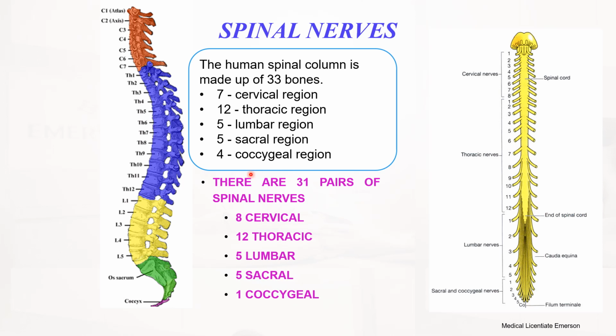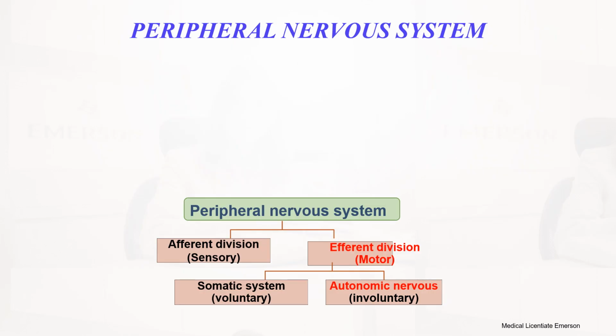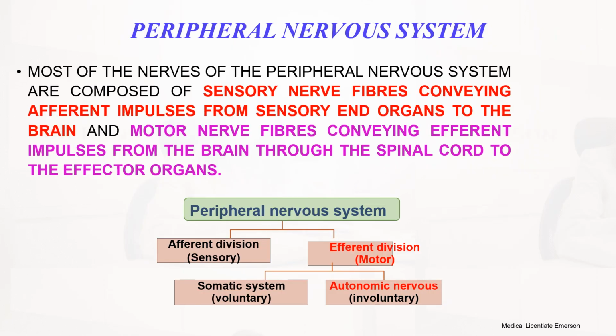So that's the coccygeal region. And there are 31 pairs of the spinal nerves. So there are 8 cervical spinal nerves. You have the 12 thoracic spinal nerves. You have the 5 lumbar, 5 sacral, and 1 coccygeal. So these are the spinal nerves. Okay, so that's about the spinal nerves.